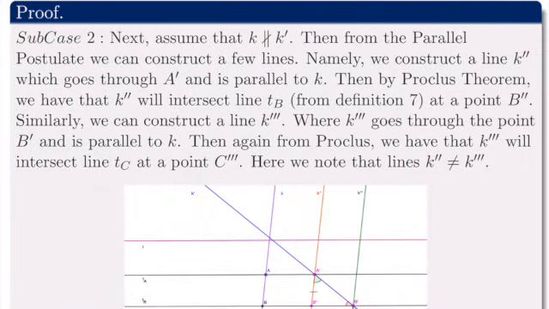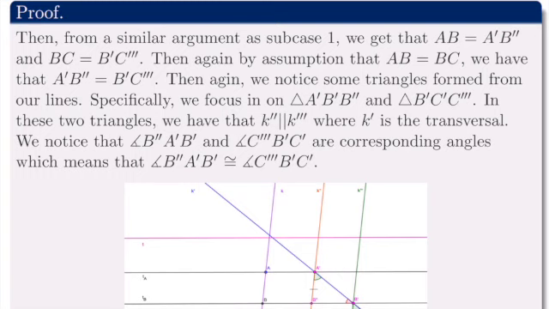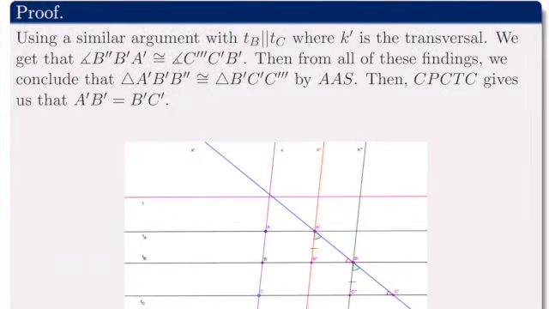And then we took the case when K and K prime were in fact not parallel, and we used the parallel postulate and Proclus's theorem to construct different points and different triangles and see what that led us to, which in fact gave us exactly what we wanted. So this concludes case 1, and then Alicia will take over with case 2, where you see something more interesting than using the ruler postulate.